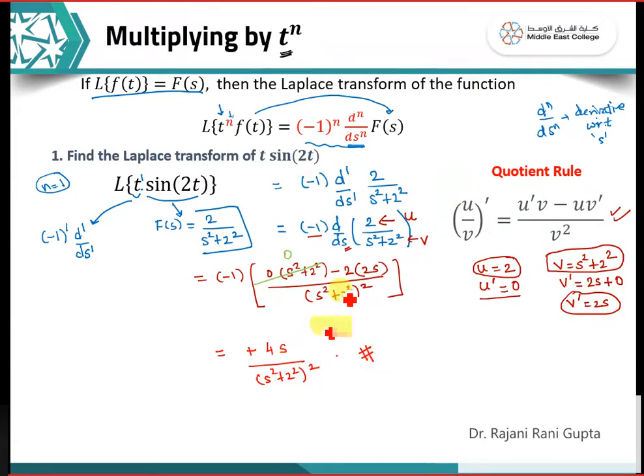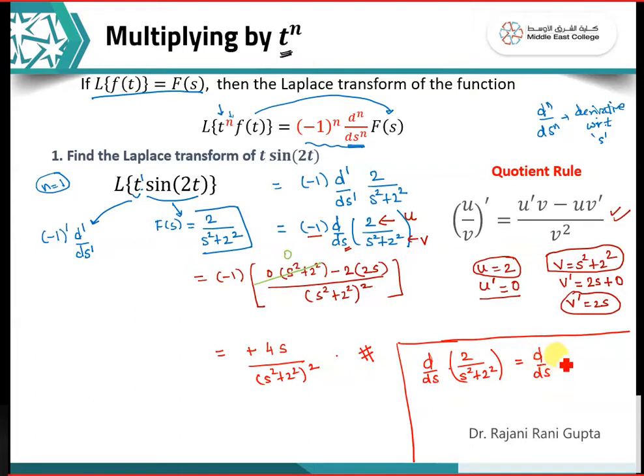Now for the derivative, if you don't want to go by the quotient rule, you can work in another way. You have to find d by ds of 2 over s square plus 2 square, right? You can also write it as d by ds of 2 times s square plus 2 square to the power minus 1, and here make use of the chain rule. So it is 2 times minus 1 times s square plus 2 square to the power minus 2, times the derivative of s square plus 2 square.